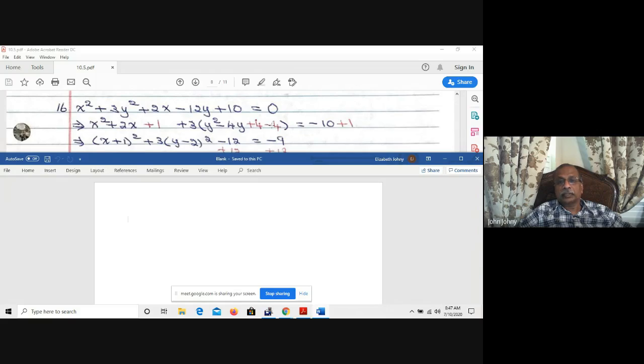So you add and subtract 4 there to complete the square. x² + 2x + 1 is (x + 1)², plus 3 times (y − 2)². Then 3 times −4 is −12. So it becomes (x + 1)² + 3(y − 2)² − 12 = −10 + 1, that is −1.